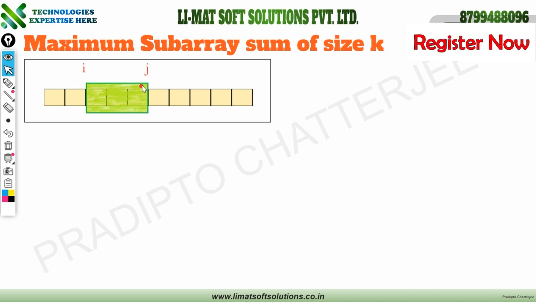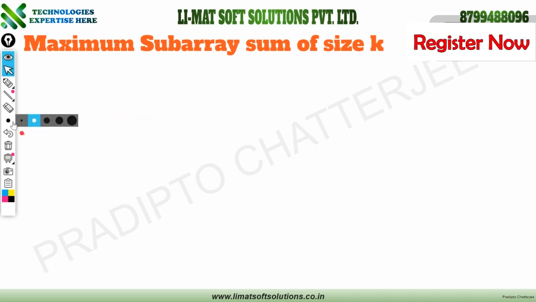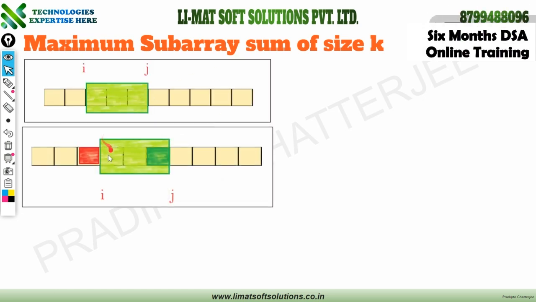Now what is the question? The question is, I will be given some array. I will definitely be given some array, and here you can see how I am sliding the window. When I am sliding the window, I am actually including some element. Whenever I am sliding it, I am incrementing i as well as j. You can see this element is excluded, and a new element is included in our region.